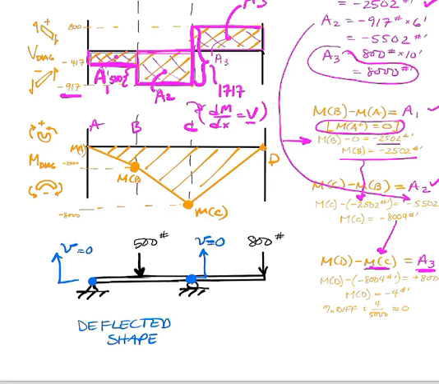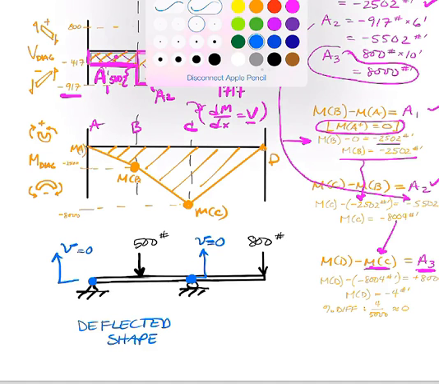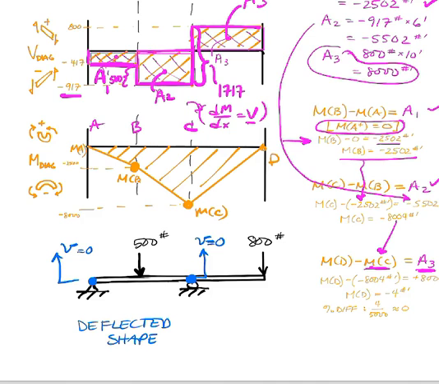Throughout the whole beam, I have an unhappy face, so I need to draw something that has unhappiness throughout. To do that, I need to start with a positive slope, which would then give me the ability to reach through point C, which is the roller, and continue on with a negative curvature all the way to the end of the beam.